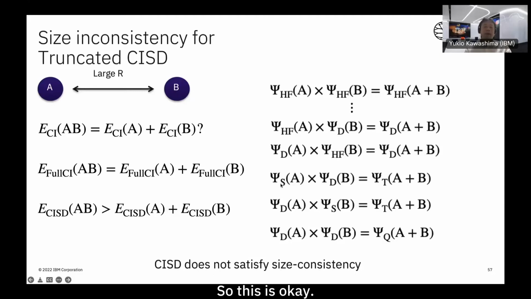So this is okay. However, if we have a single excitation determinant for A and a double excitation determinant for B, then we should have a triple excitation determinant for A plus B. And if we have a double excitation determinant for A and a single excitation determinant for B, then we should have a triple excitation determinant for A plus B. And if both of them are double, then for the full system, we should have a quadruple.